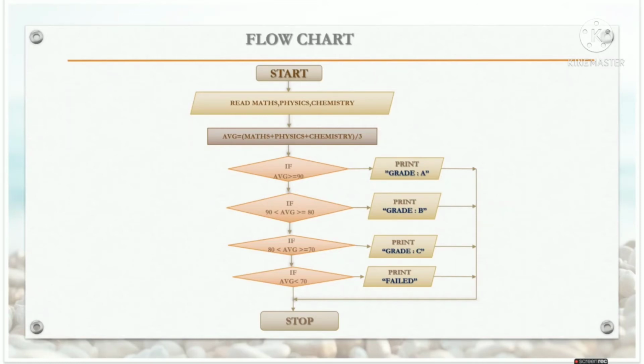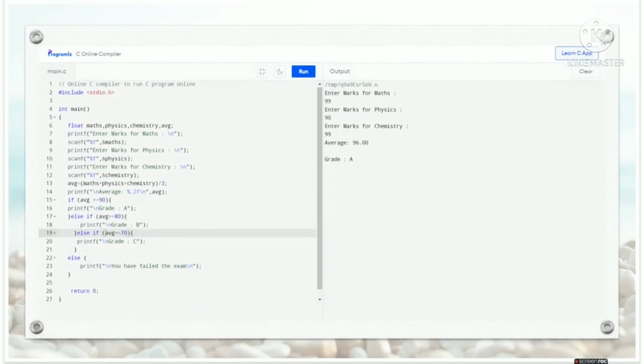And next I'm going to write a C code, and this is my C code for my program. That is, if we already know the syntax for the C code, first we are going to write the header file, that is hash include angle bracket stdio.h.